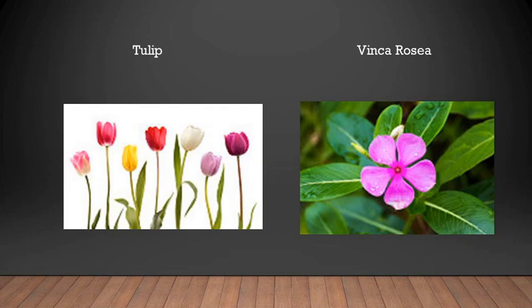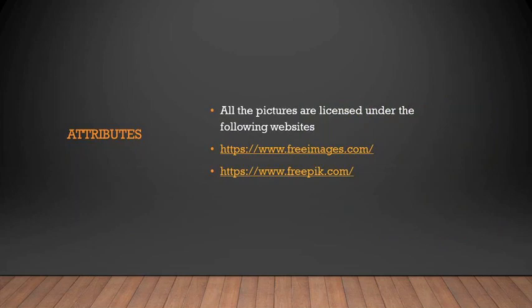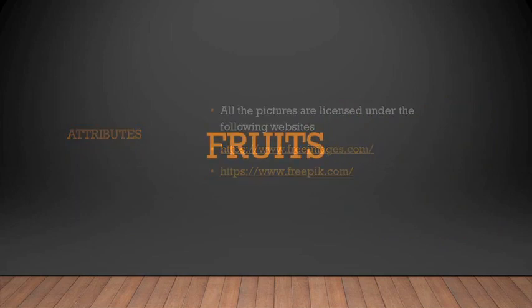This is a typical flower, along with hibiscus, that you normally take for dissecting and understanding the petals and sepals and androecium and gynoecium and so on and so forth. All these flowers are free images and free pics that I have taken from the website.